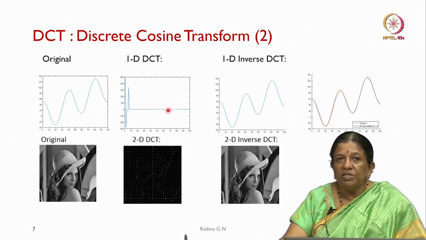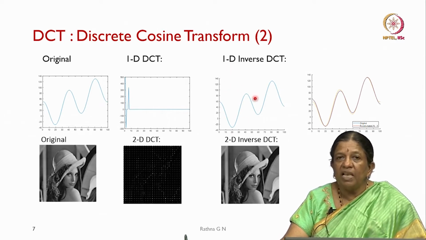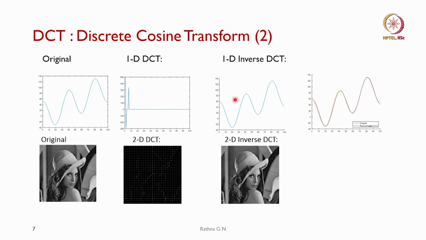Then I can represent those as 0, and if I take the 1D inverse transform, I get back my signal. To show the difference between the original and the reconstructed, blue shows the original and the orange one shows the reconstructed. You will see that with little difference it almost follows the original one.